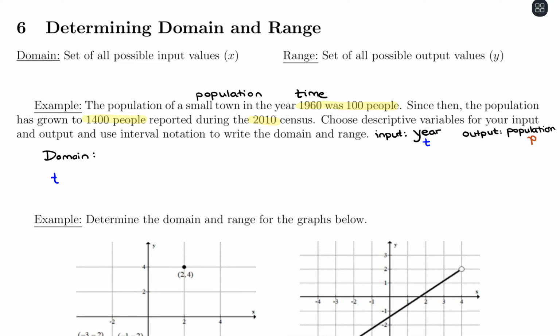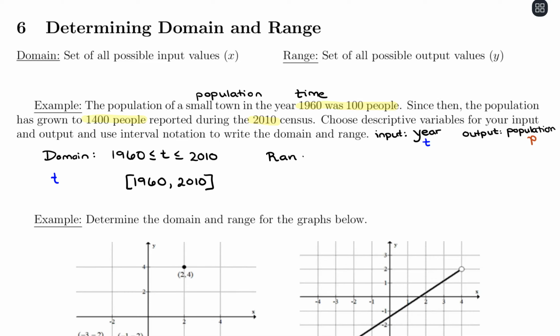So for our variable t, what we're going to do is we'll say 1960 is less than or equal to t is less than or equal to 2010. Since we're defined at 1960 and 2010, we'll include those endpoints. So in interval notation, we'll use square brackets. So square bracket 1960, comma, 2010, and square bracket.